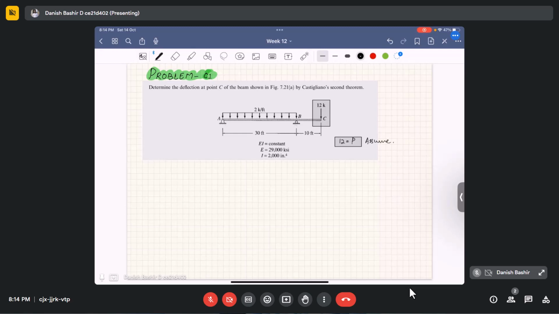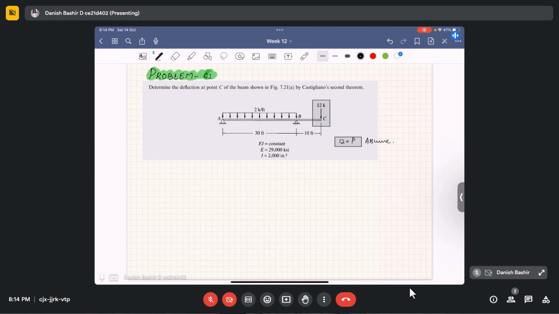With the inclusion of this P load in our structure, we will do the structural analysis by computing the support reactions, and then computing the moments in the whole beam.